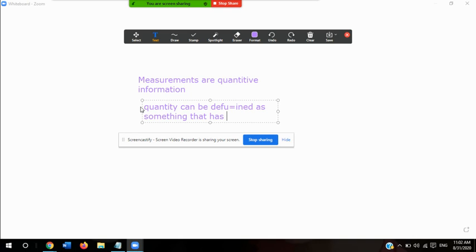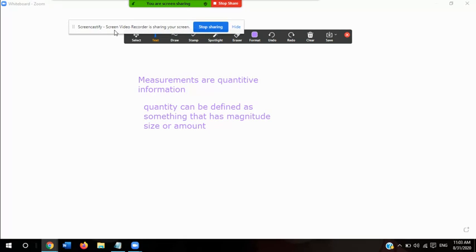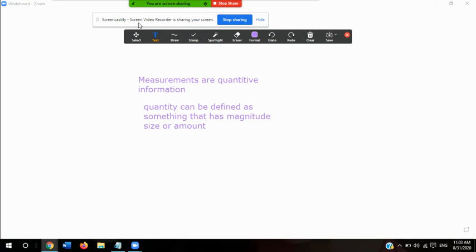A quantity can be defined as something, excuse me for this misspelling here, that has magnitude, size, or amount. So 3 teaspoons or tablespoons is considered to be a quantity because it has a magnitude.